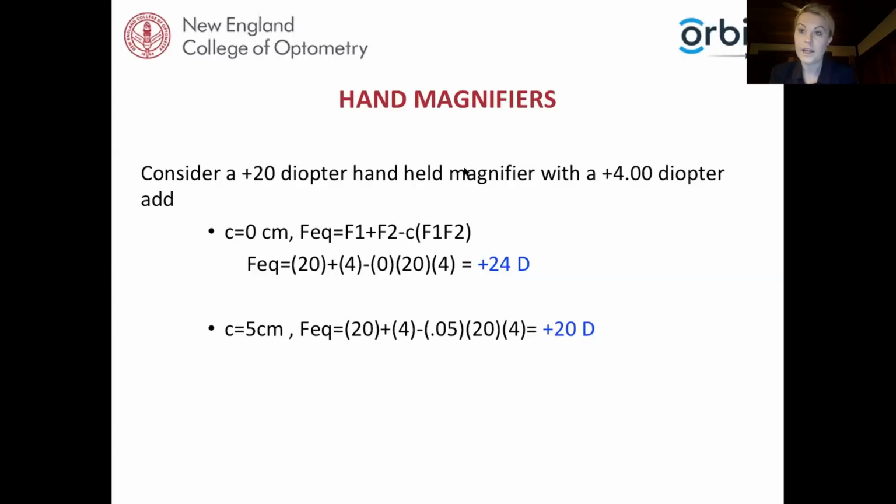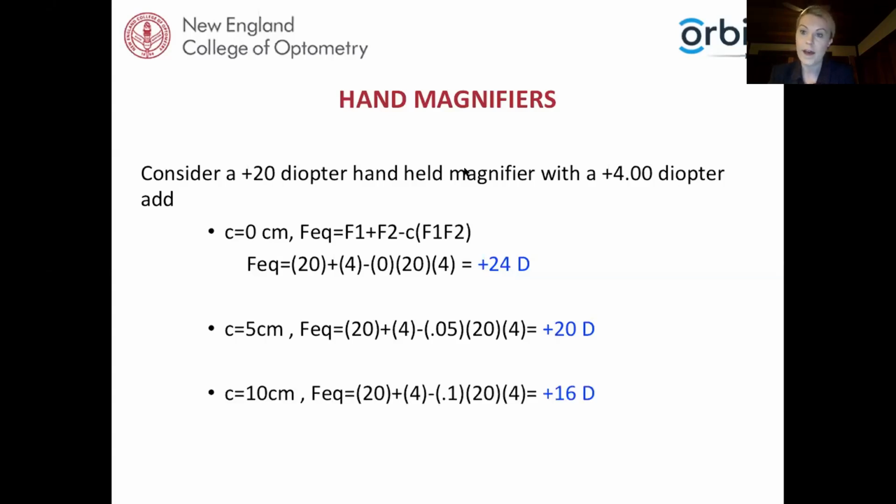If C is 5 centimeters, this is the focal length of a 20 diopter hand magnifier. You can see that if we look through the bifocal, the equivalent power is 20 diopters. And this is the same as if the patient looked through their distance prescription and used the 20 diopter hand magnifier, they would get 20 diopters. So in either scenario, the patient's achieving the same metric.